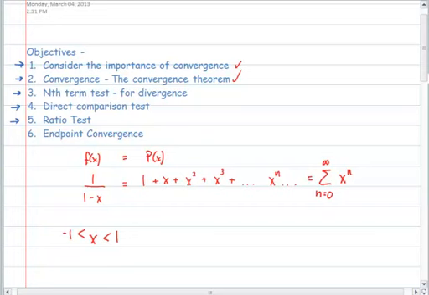Outside of that, the function won't equal the polynomial, and this series will be pointless to use. So let's take a look at what happens if we graph both using the graphing calculator.